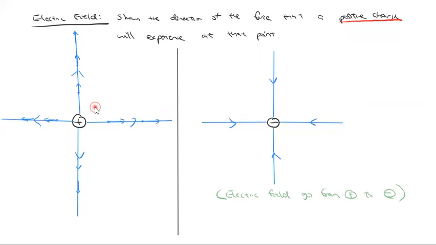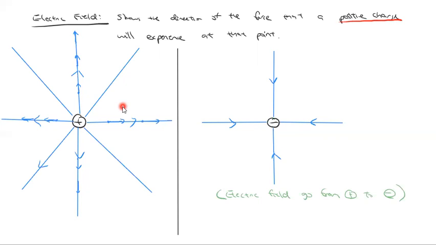Stronger. Now, a stronger force means the field is stronger or weaker? Stronger. So the field has to be stronger close to the positive charge, and I'll add a few more lines in. And it must be weaker as you go out further.